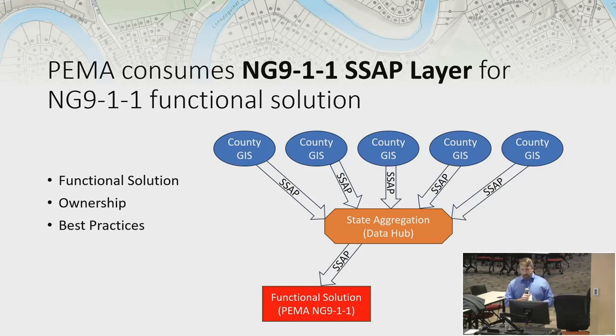If you were upstairs, Christian talked about the older E911 system that didn't utilize GIS. Now the new next-gen 911 system is utilizing GIS. And we've developed best practices to define what that data needs to look like. We're talking about a lot of data, a lot of addresses throughout the state. And when you call 911, you want your phone call to go right to the person it needs to go to.